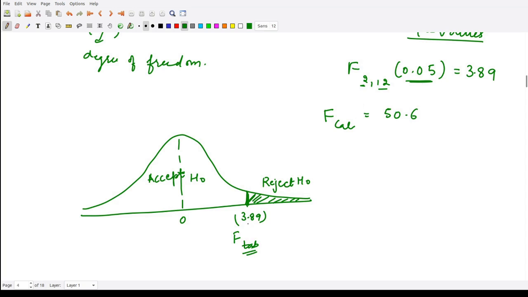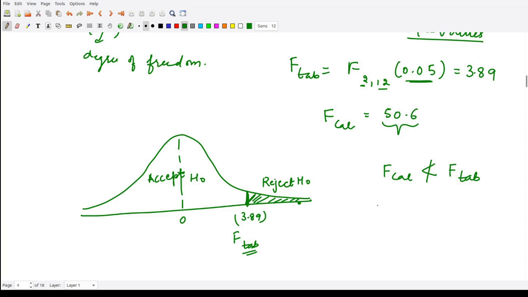So now our value is 50.6. So it would be somewhere here, right? So that means we are in the critical region here, because your F calculated value is not less than the F tabulated value, right? This is your F tabulated value.